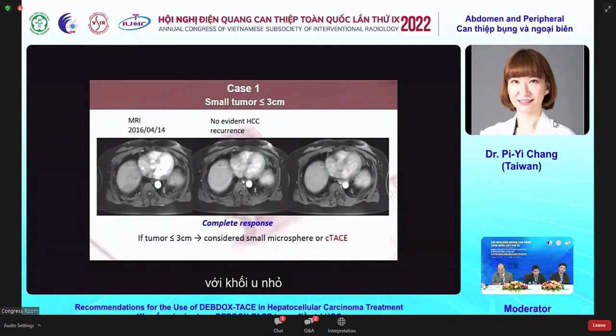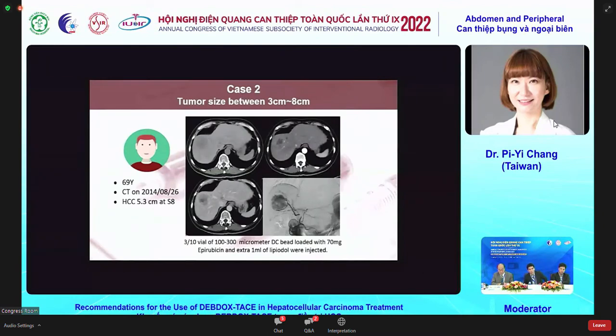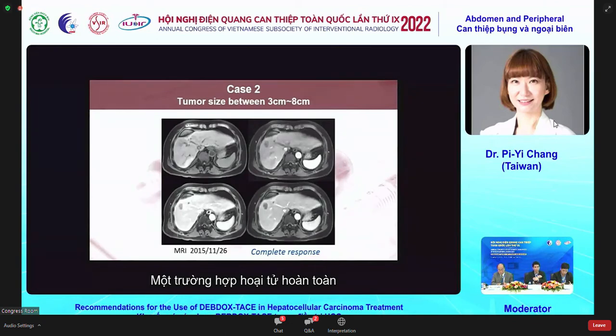But for this small tumor, we can consider choosing small particles or even shifting to C-TACE. And this is a case with tumor size between 3 to 8 centimeters. As you can see, I have chosen 100 to 300 micrometer DCB. This is also a complete necrosis case.